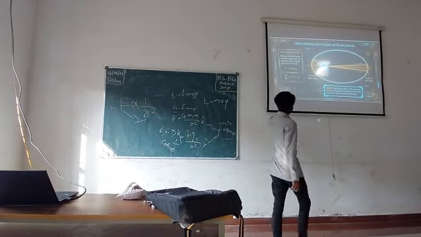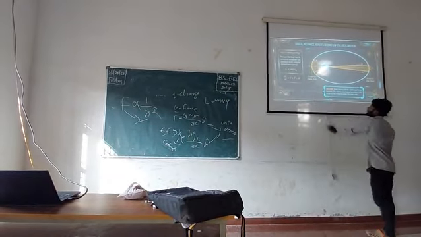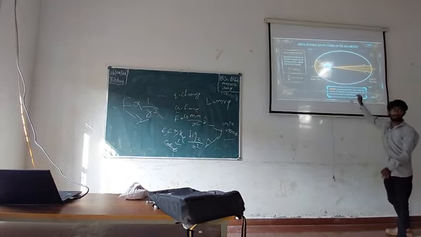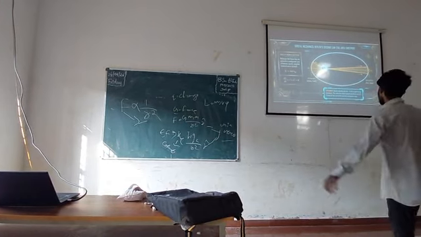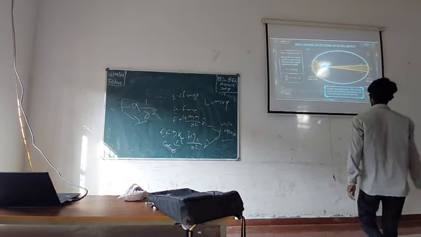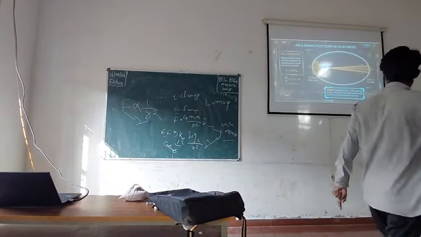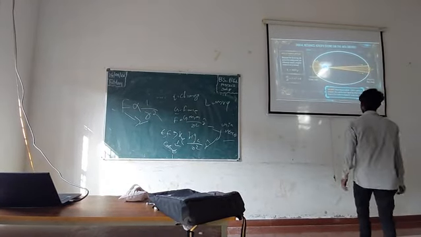So here you see this picture. The takeaway is area velocity dA by dt equals 1 by 2 h. Okay, so it's perfectly constant.